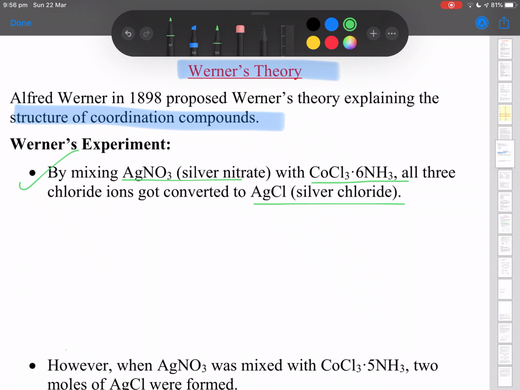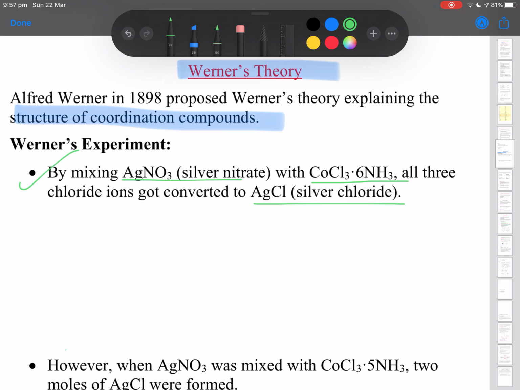That made a difference to prove that all those chloride ions which have come out in the form of precipitate, that is AgCl, have to be considered as counter ions, because in Werner's theory he said very clearly that those ions which are ionizable are considered as counter ions, or we use the term primary valency.